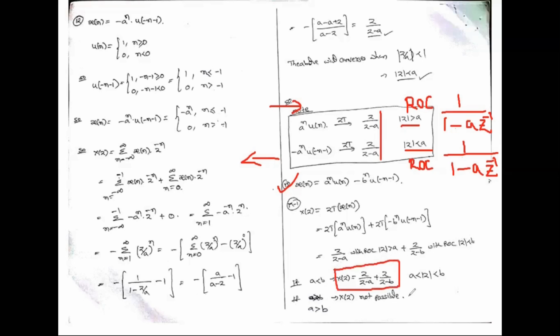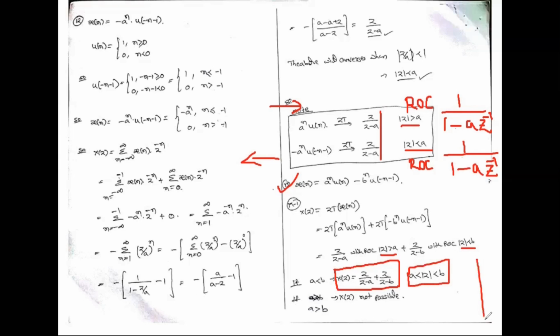But what is the ROC? One function is greater than and one function is less than. Combining these two functions, a is less than |z| and |z| is less than b, means |z| is greater than a and |z| is less than b. So the ROC is in between a and b.